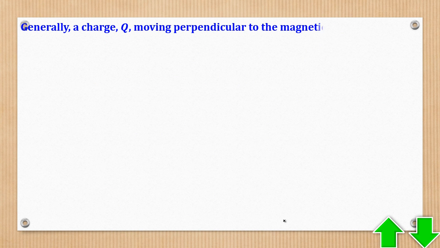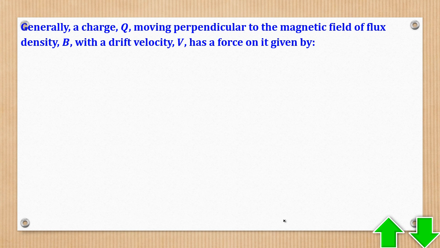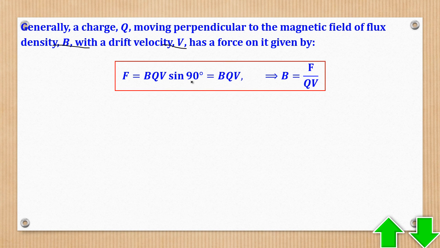So generally, a charge Q moving perpendicular to the field of flux density B with drift velocity v has a force given by that. Where there is theta, you put 90 degrees, and you come up with this. When I make B the subject, I come up with another expression for magnetic flux density.